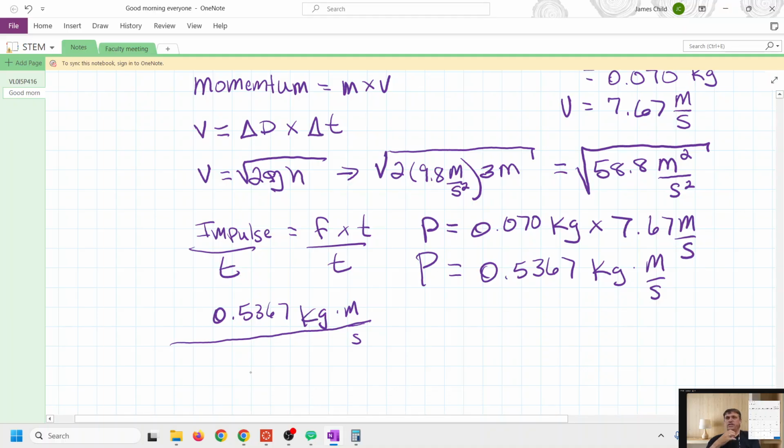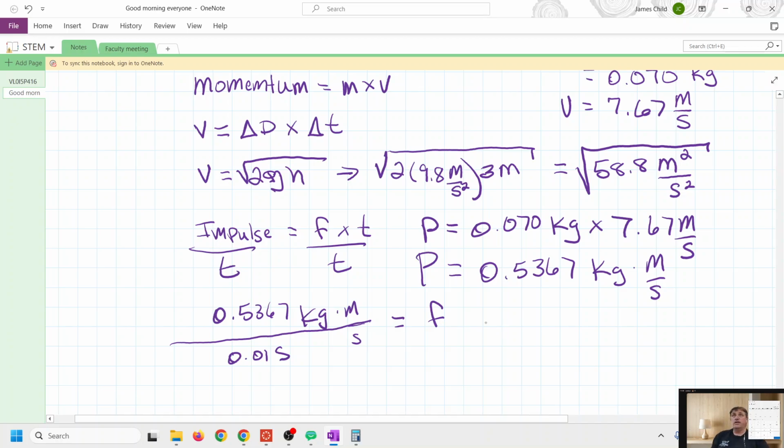Let's do a really short time. Let's say this is the egg hitting the concrete, and almost instantaneously it stops, right? So we're going to go 0.01 seconds, and that is going to equal my force.